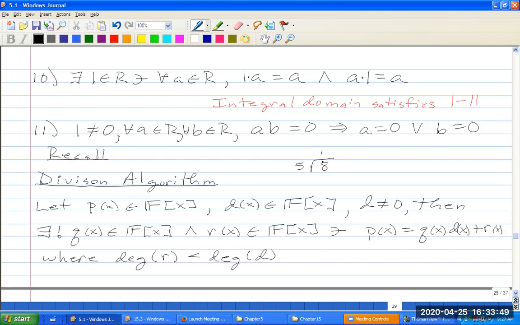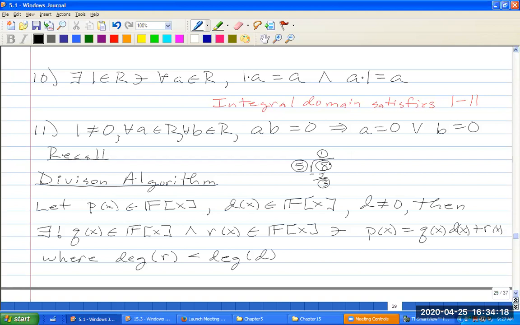And so you would get some dividend divided by divisor is equal to a quotient plus the remainder over the divisor, supposing that the remainder is less than the divisor.